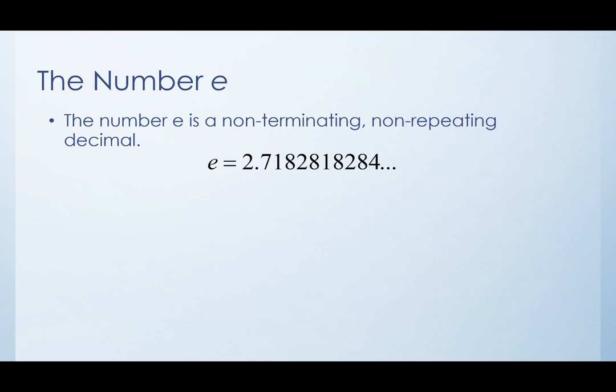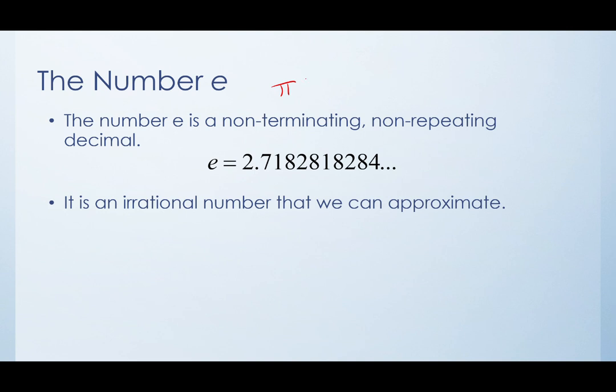Okay, so the number e is a non-terminating, non-repeating decimal. It's like pi, right? If I said, hey, what's pi? Most of y'all would say 3.14, or maybe 3.14159, or you might even know a few more decimal places, but it's an irrational number.